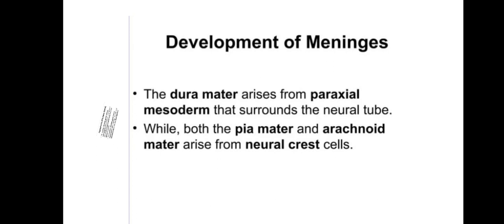Now, the pia mater and arachnoid mater arise from the neural crest cells, just like that. It's simple. We say that the dura mater arises from the paraxial mesoderm surrounding the neurotube, while both the pia mater and arachnoid mater arise from neural crest cells. And that is just the development of meninges. Okay.